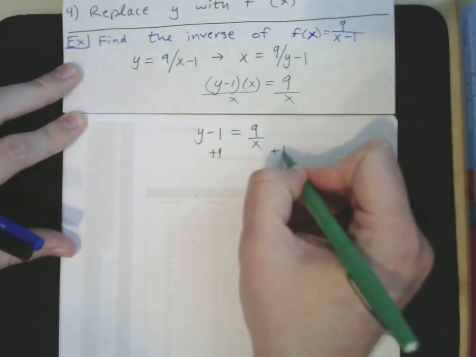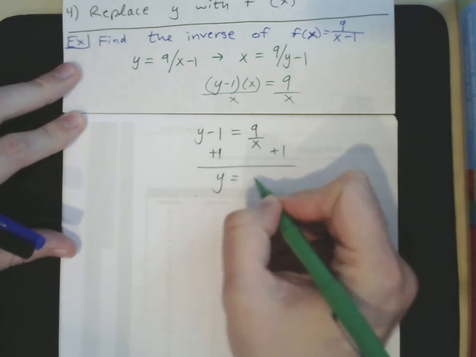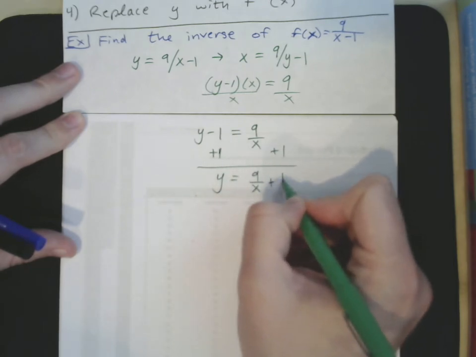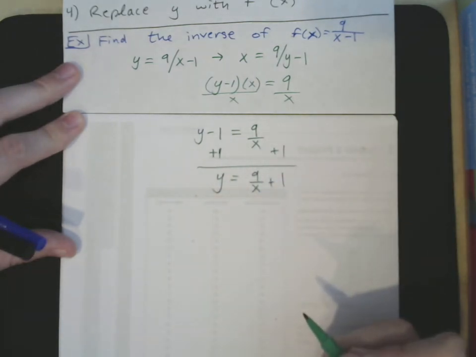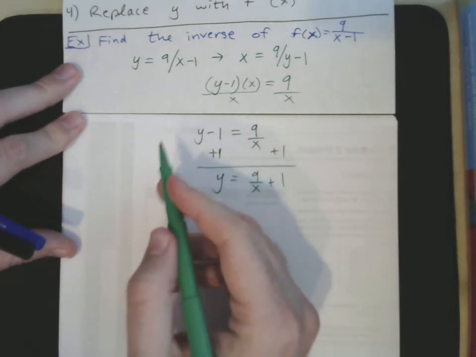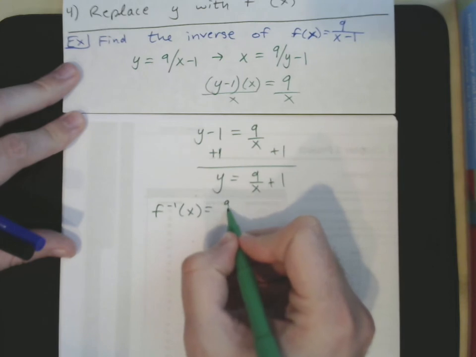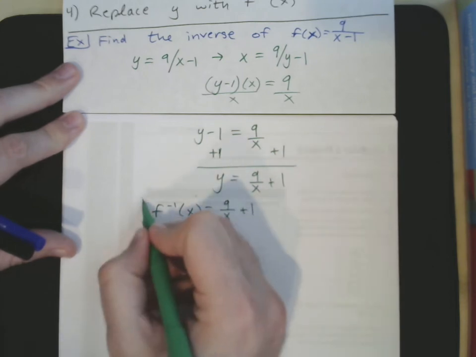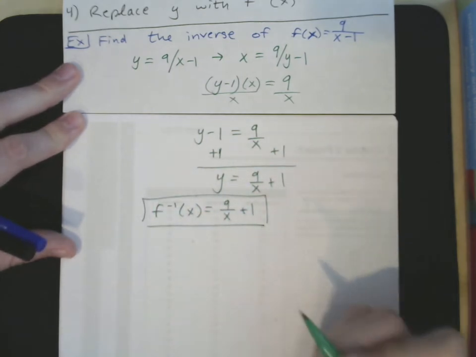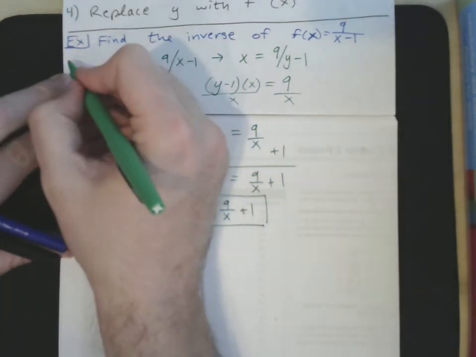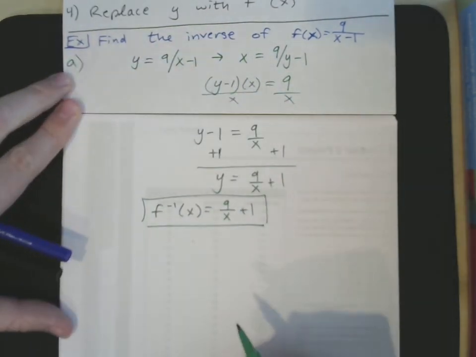Add 1 to both sides. We have y equals 9 over x plus 1. Then step 4, replace y with f inverse of x equals 9 over x plus 1. I found the inverse. So let's call this A.